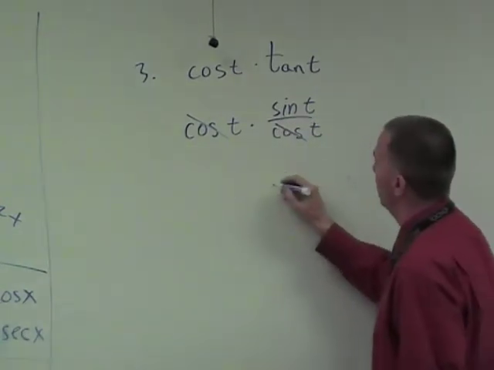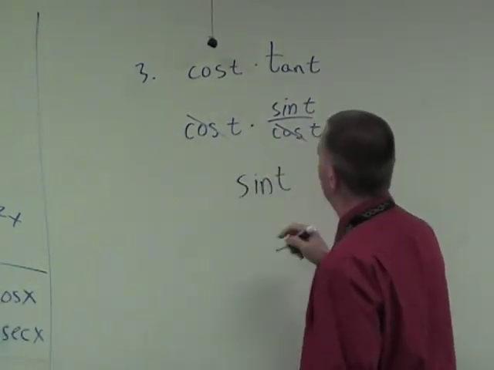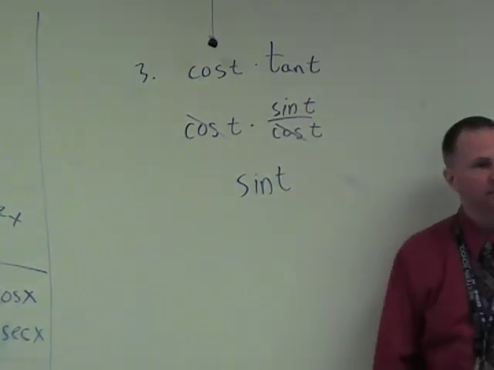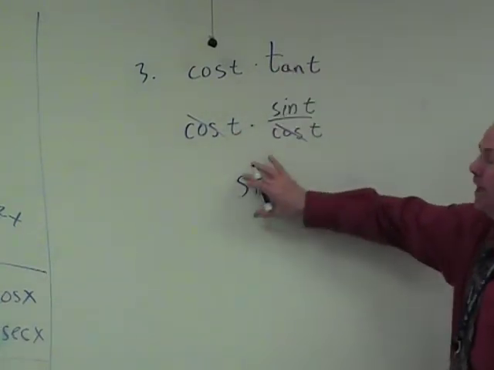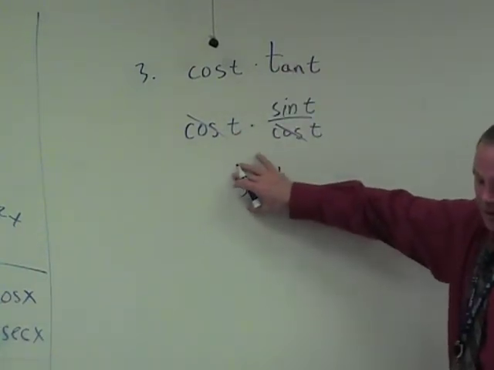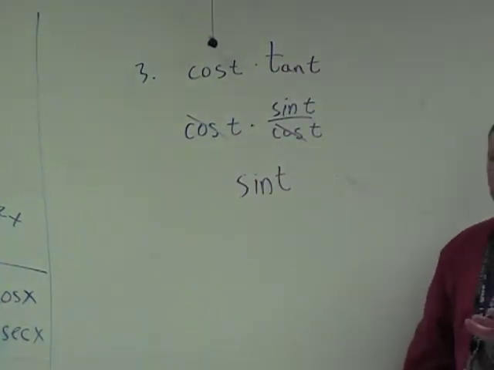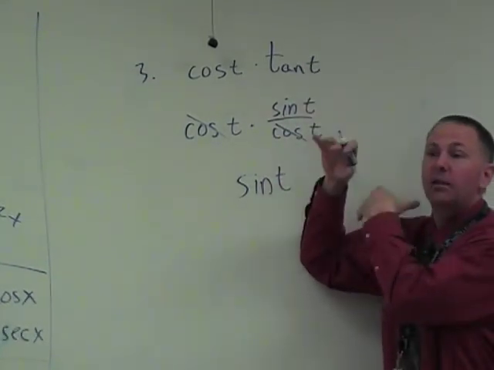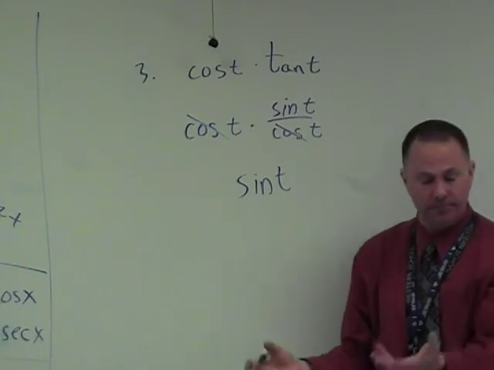They cancel out, so I'm left with just the sine of t. There, you just manipulated this little expression to be just the sine of t. Okay, it's okay that it didn't end up as the sine. I want you to make it into sine and cosine, and then simplify it from there.